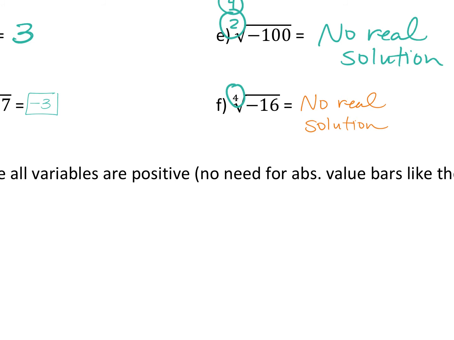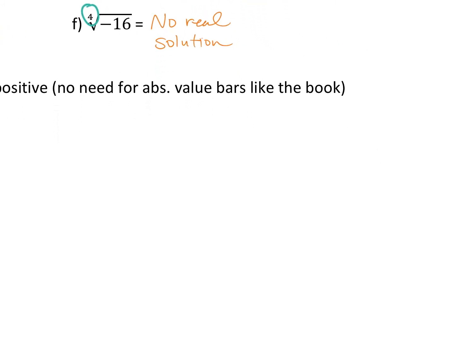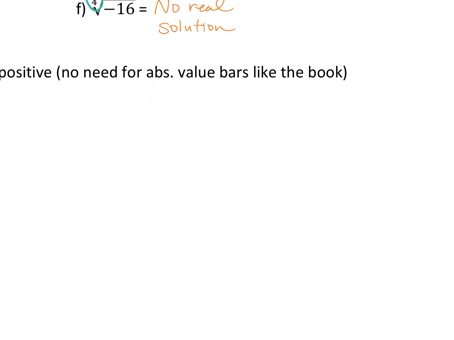Any questions on that? Okay, so side note, in your homework, you're going to see things like this, and they're going to say solve. How do you solve that? The radical 4, right, a fourth root. So if I take the fourth root of both sides, then x equals the fourth root of 1.